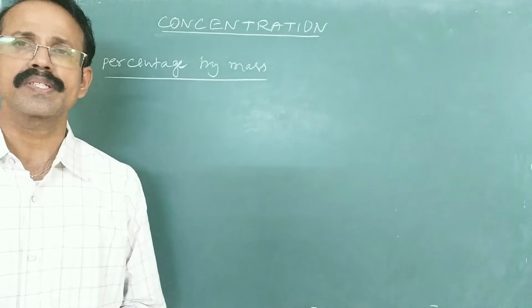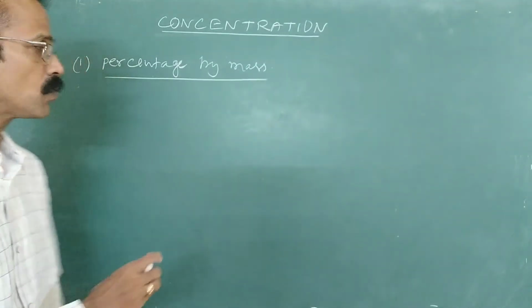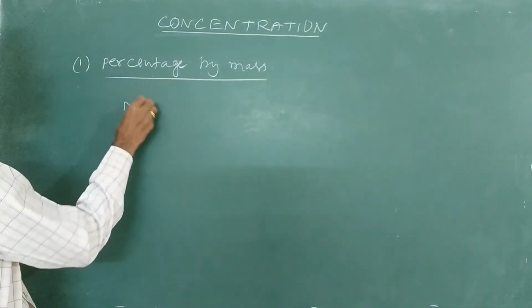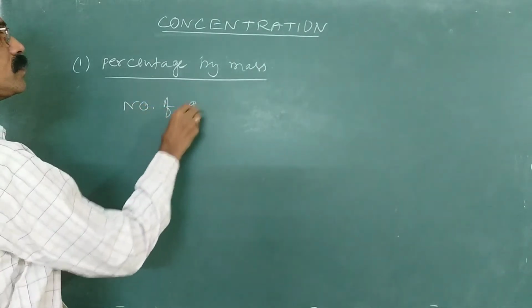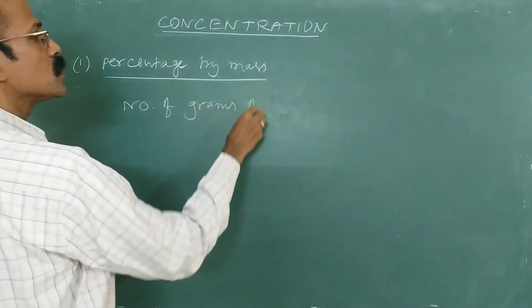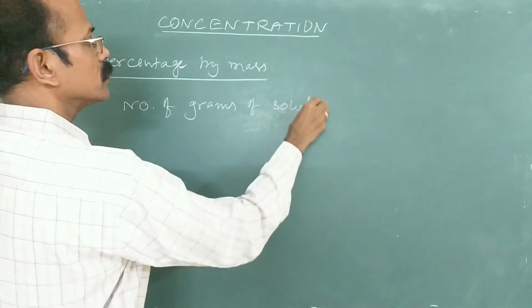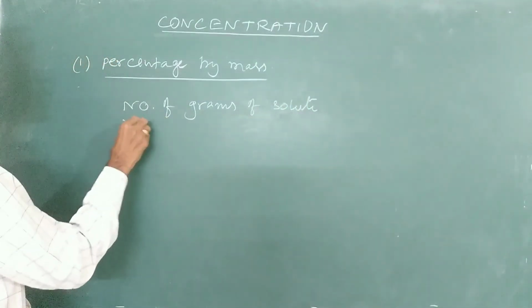So mass percentage of solute is equal to the number of grams of solute in 100 grams of solution.